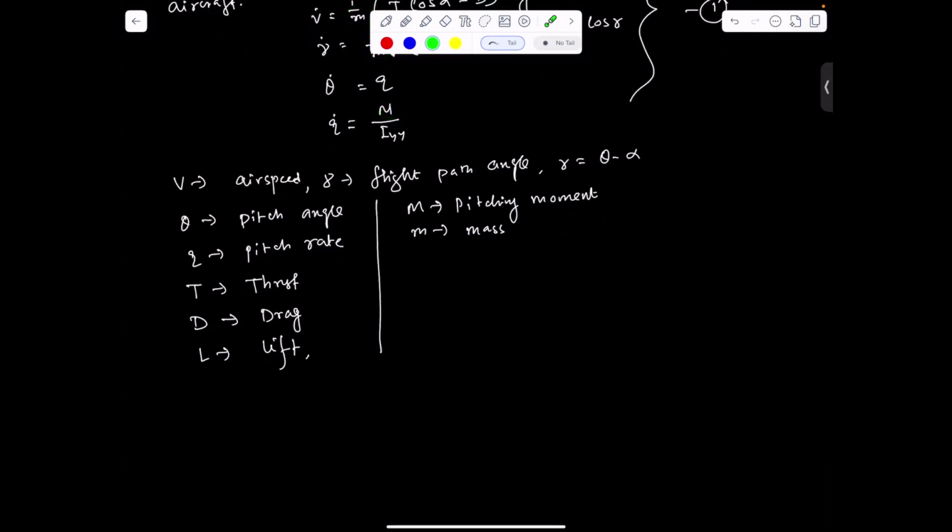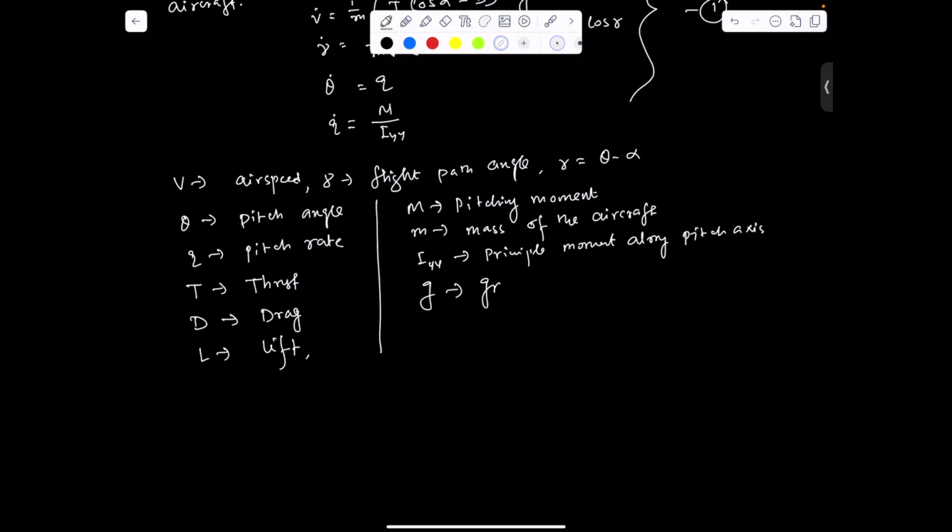And I y is the principal moment along the pitch axis, so moment along each axis, and g is the gravitational acceleration constant.